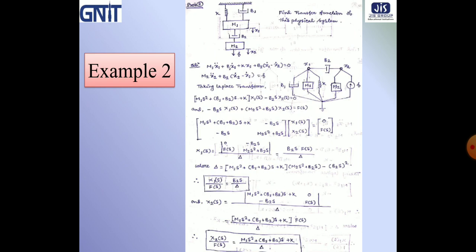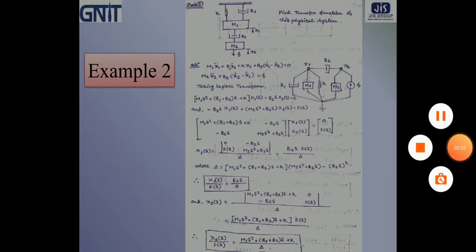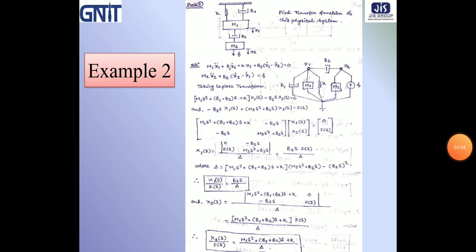So here two displacements, x1 and x2, are present, so the number of nodes in the mechanical circuit diagram will be 2, that is x1 and x2, and there will be one reference point that is represented by the ground symbol. Now just see the mechanical system given in the problem.